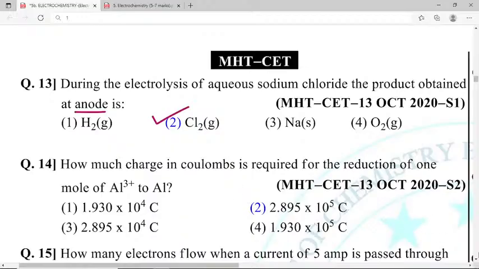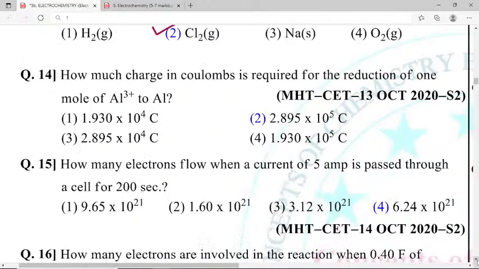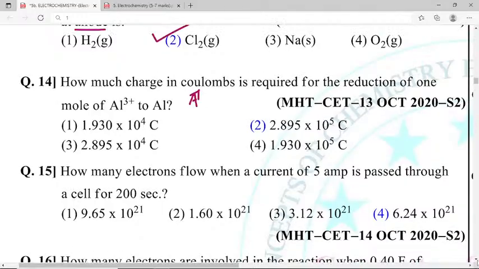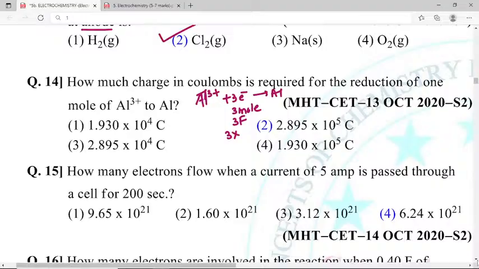How much charge in coulombs is required for the reduction of 1 mole of Al3+ to Al? Okay, Al3+ plus 3 electrons gives Al. So this is 3 moles of electrons, which is equal to 3 Faraday, and 3 Faraday is equal to 3 multiplied by 96500 coulombs.